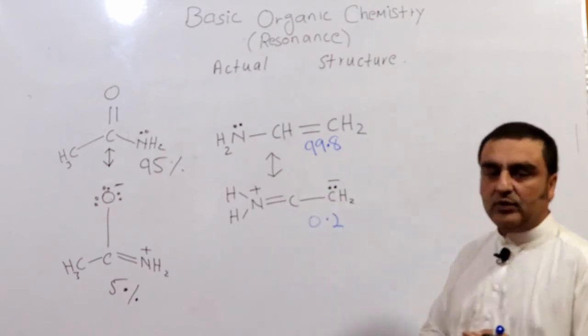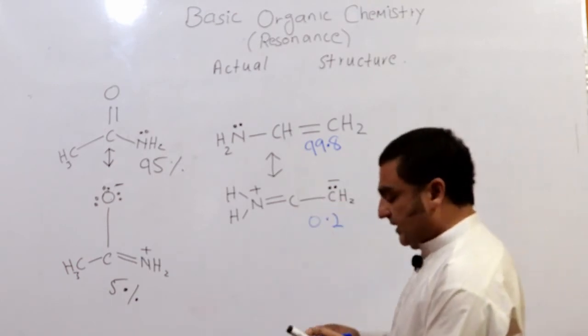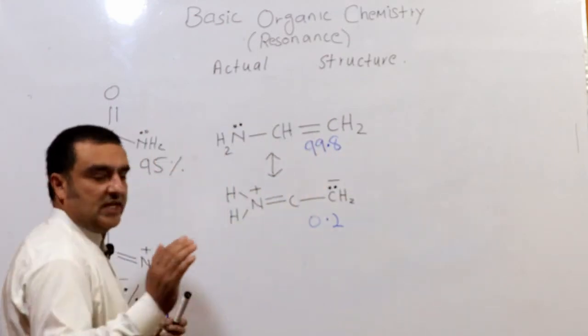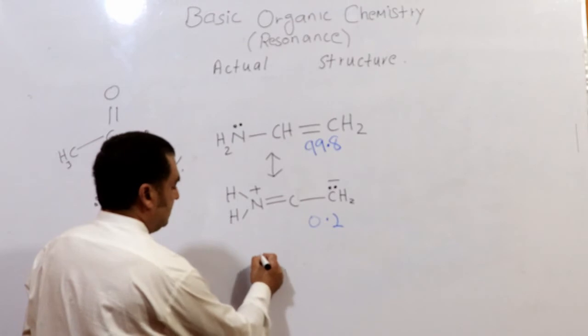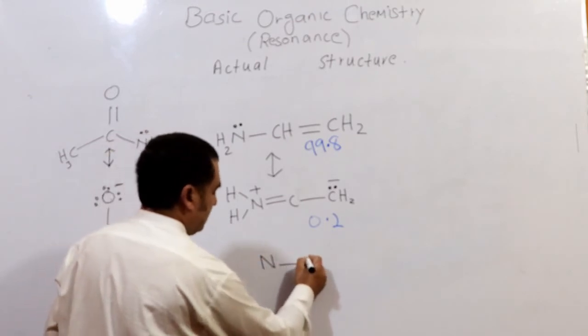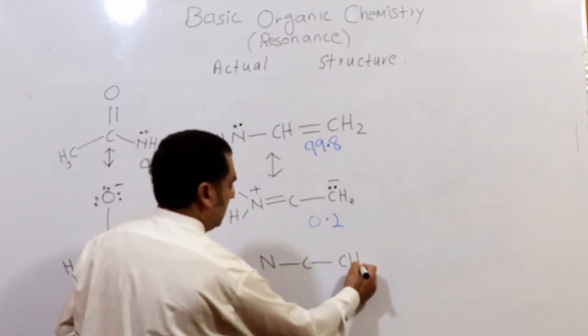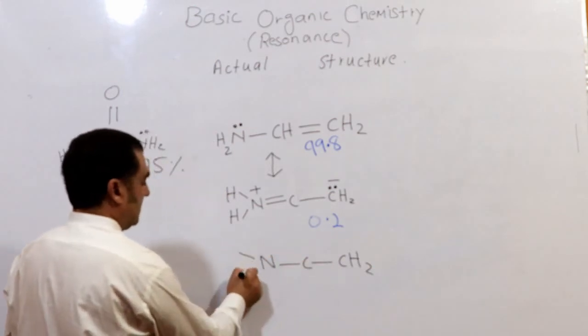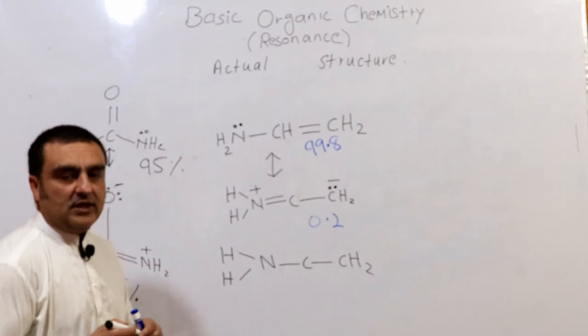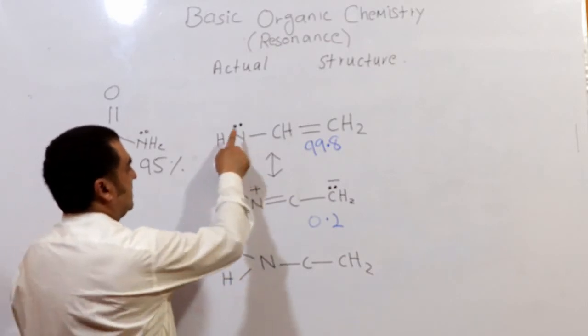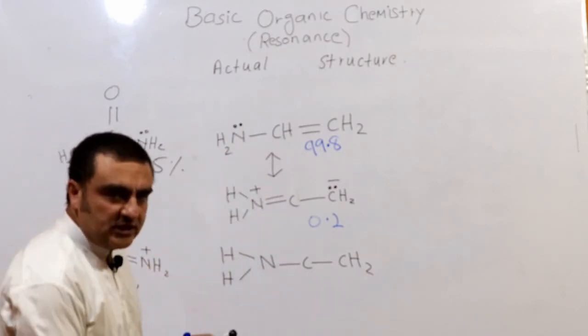Now how would this molecule react? The actual structure of this molecule will tell us how it will react during a chemical reaction. So it will have CH2, H and H. Now I am writing the actual molecule, because resonance is just electron crowd; those things don't actually occur.